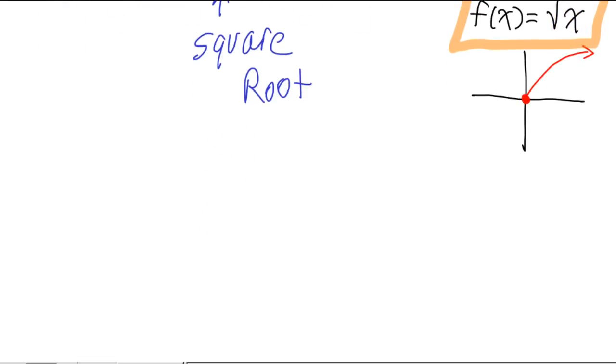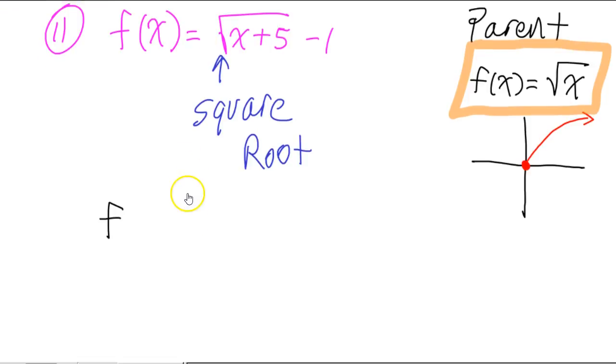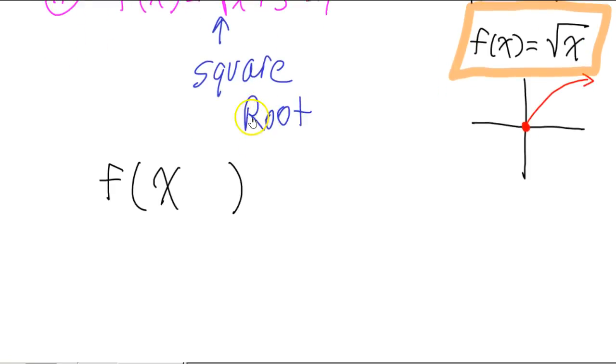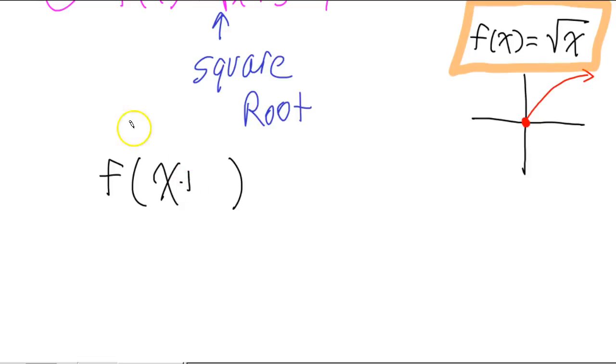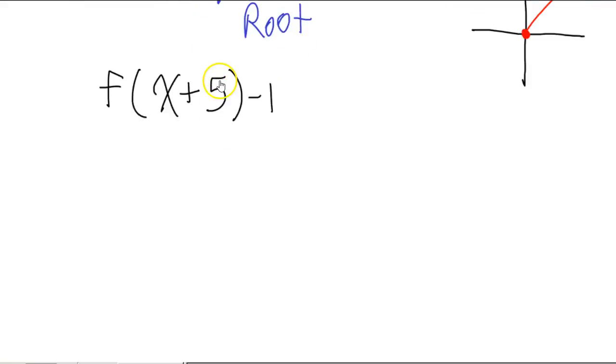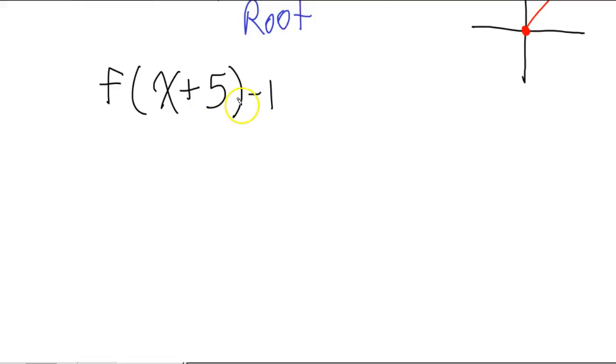So that tells me that for the purple function that we're looking at right here, if I'm going to write it in f of x form so that I can see the transformations better, there's an x and there was a +5 inside, and there's a -1 on the outside, so I can put a -1 right there. Now I can see the transformations.